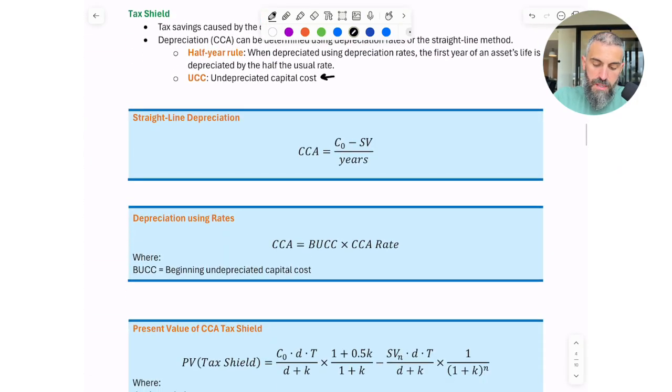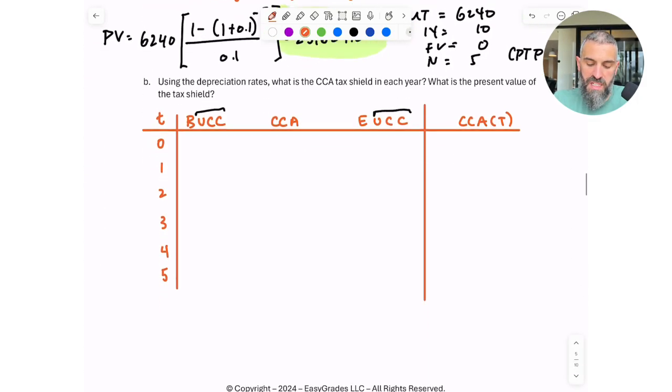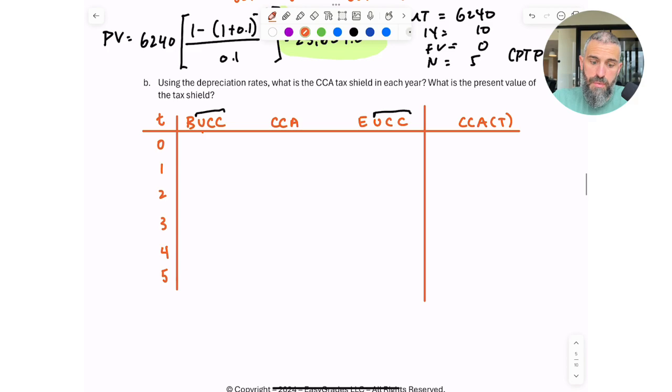It is basically what in financial accounting we call a carrying value. It's the value of your asset minus all of its depreciation. B and E just stands for beginning and ending. Beginning undepreciated capital costs, so at the beginning of the year, and ending at the end of the year.